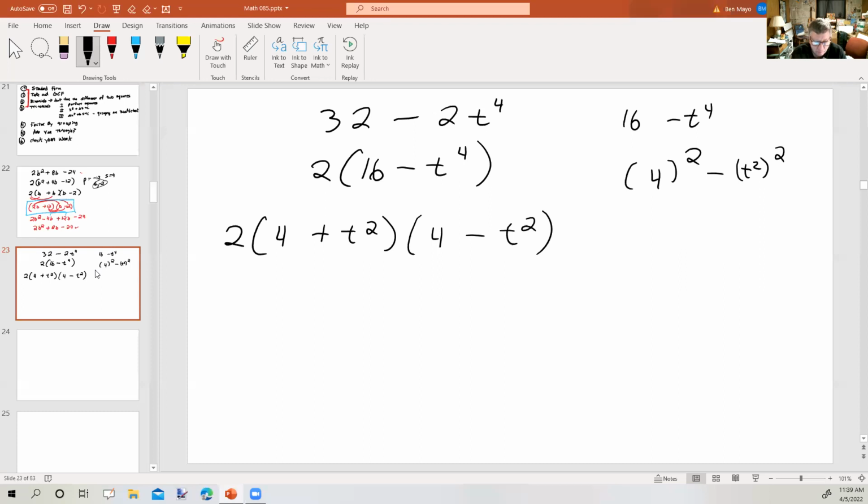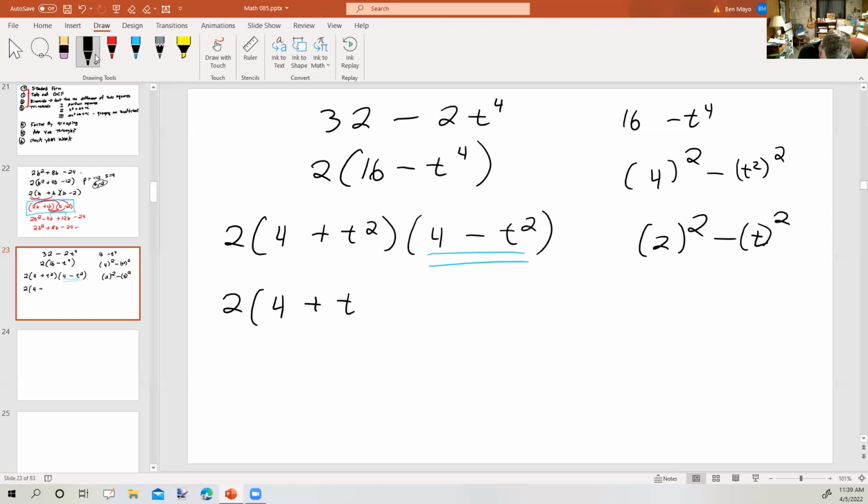Are we through? No, because this is also the difference of 2 squares. 2 squared minus t squared. So we get 2 times 4 plus t squared, 2 plus t, 2 minus t.